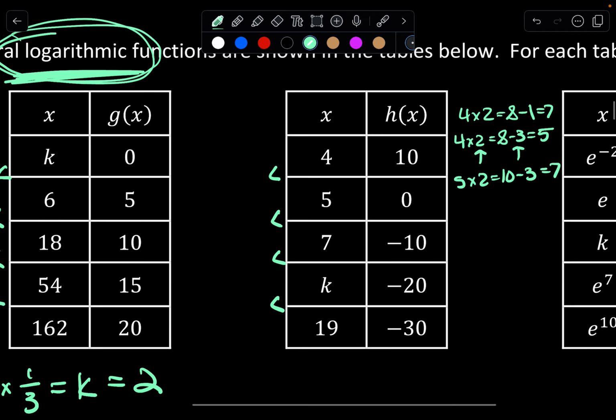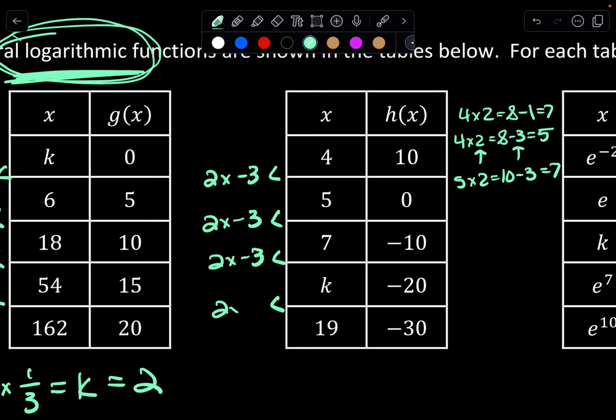So we just have to find that ratio. And if we found a process that works for 2 pairs, it will work for the rest of them. So we'll have 2x minus 3, 2x minus 3, 2x minus 3, 2x minus 3. And the x is going to be the input, the corresponding input.